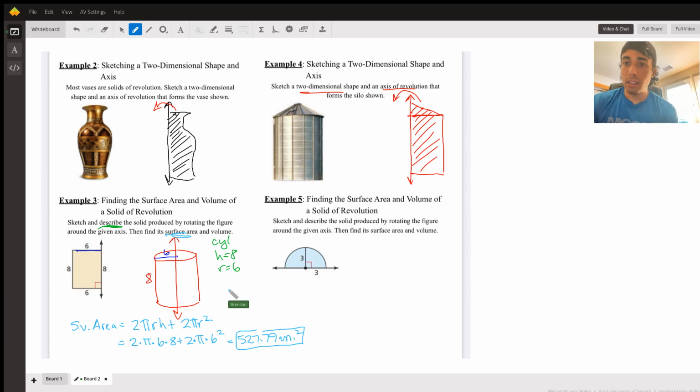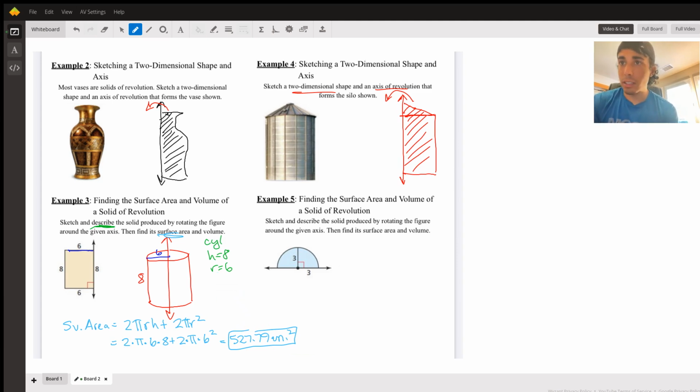All right, and then as far as the volume of a cylinder, I'm kind of out of room, so I'm going to do volume over here. Volume of a cylinder, maybe you remember this one, is pi times the radius squared times the height. So it's going to be pi times 6 squared times 8.